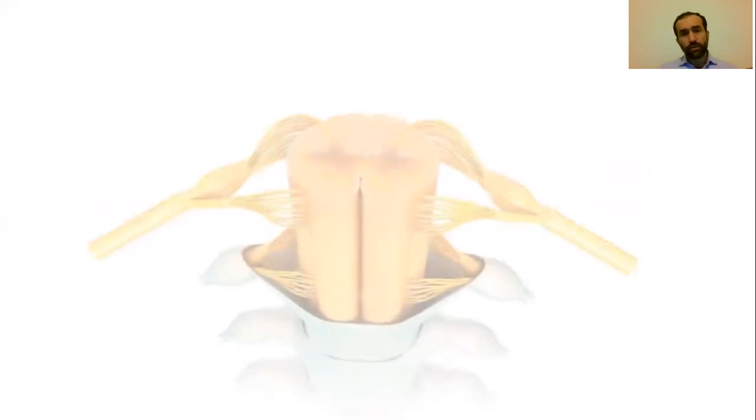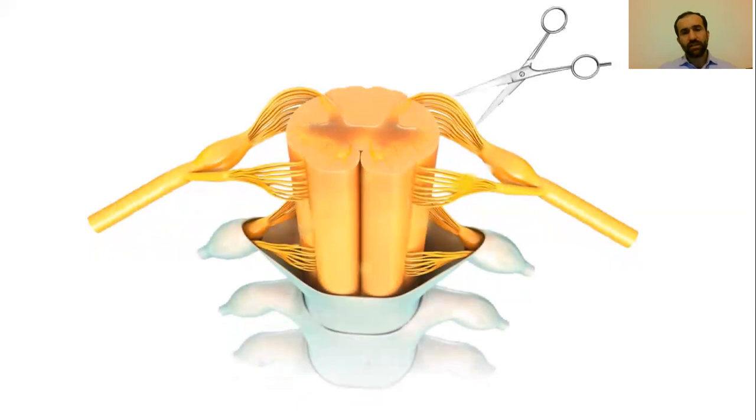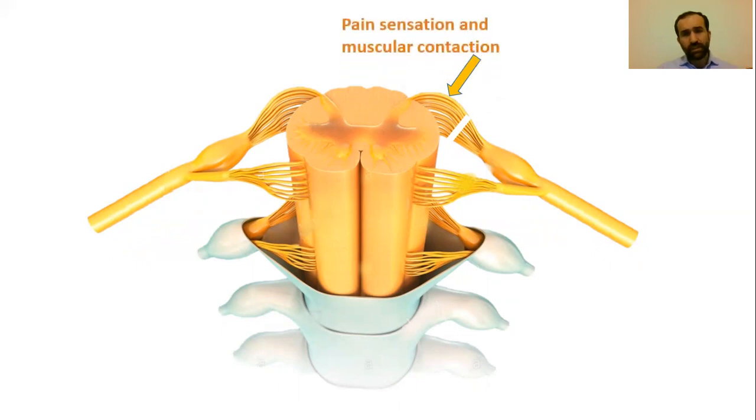Now I have to confirm this idea for you. When we cut the dorsal root of the spinal nerve in the left part, as you see here, and we stimulate the central end, which is the end found on the side of the center, this is the central end, and I'm stimulating it now. After I stimulate the central end, I will obtain pain sensation and muscular contraction.